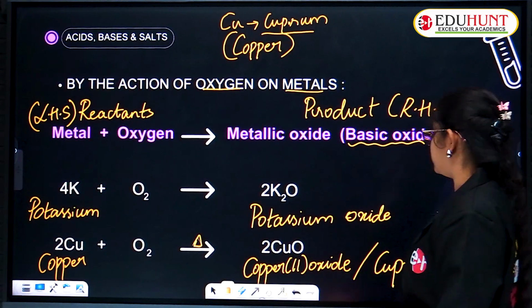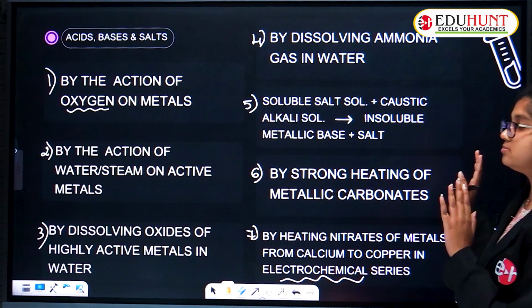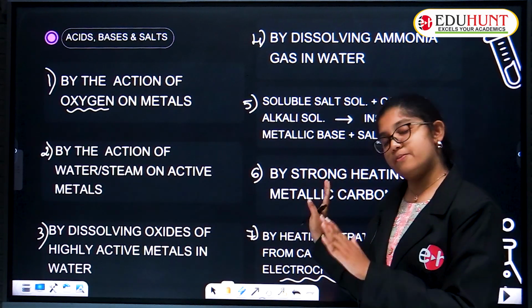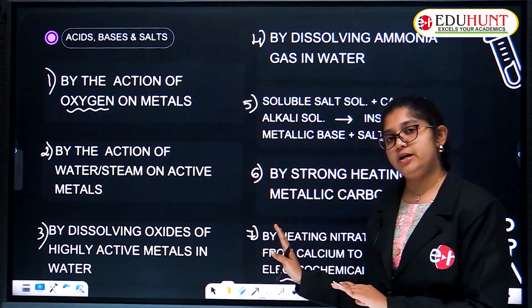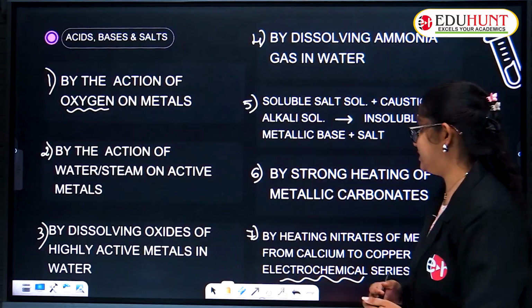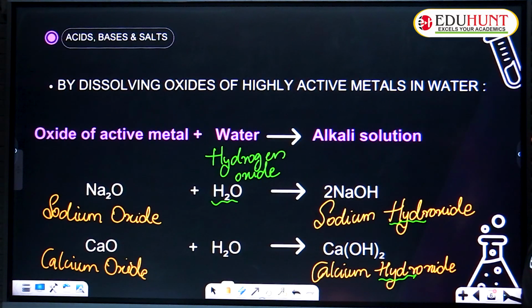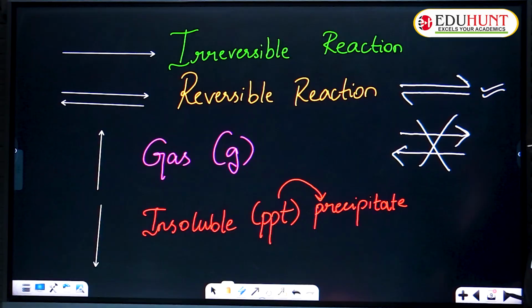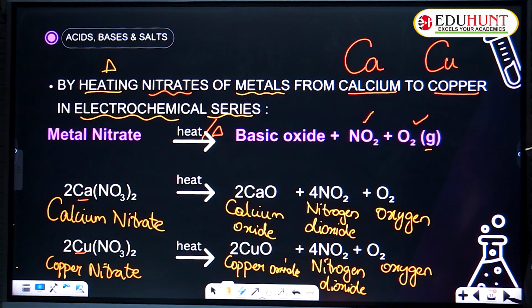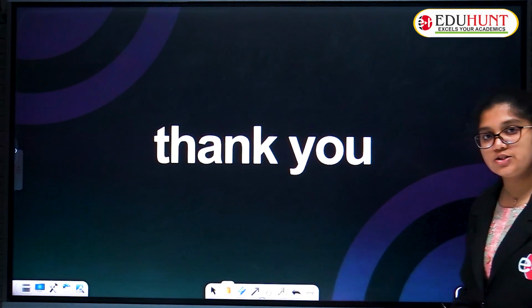So, these are the 7 main methods for the preparation of bases or alkalis. Once again, these are the 7 preparations to get bases or alkalis.